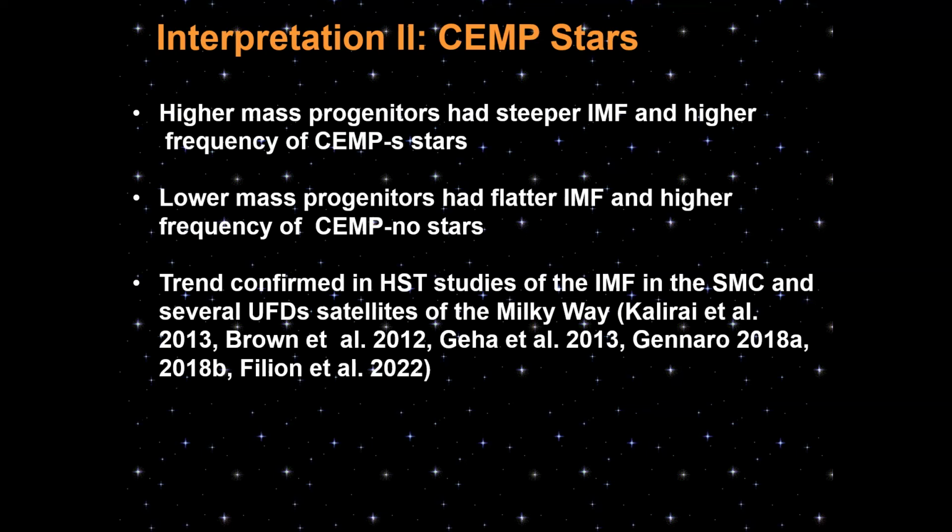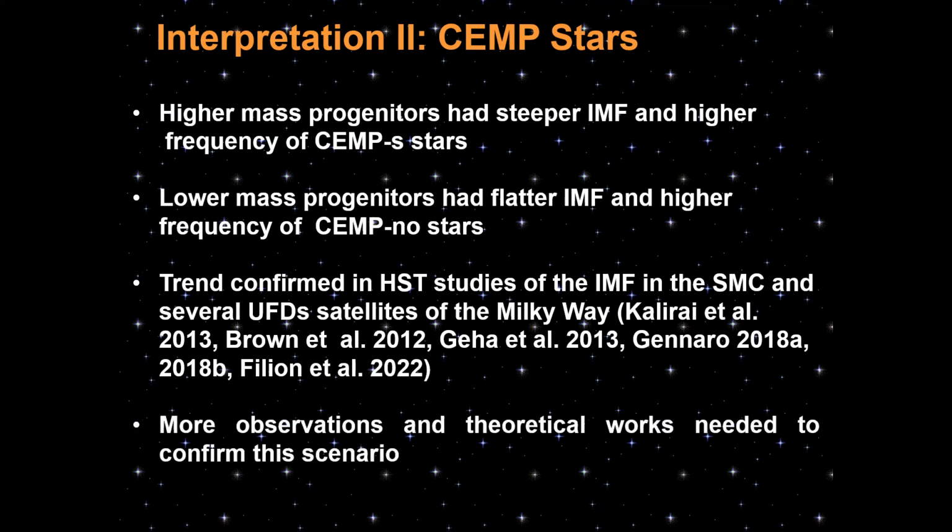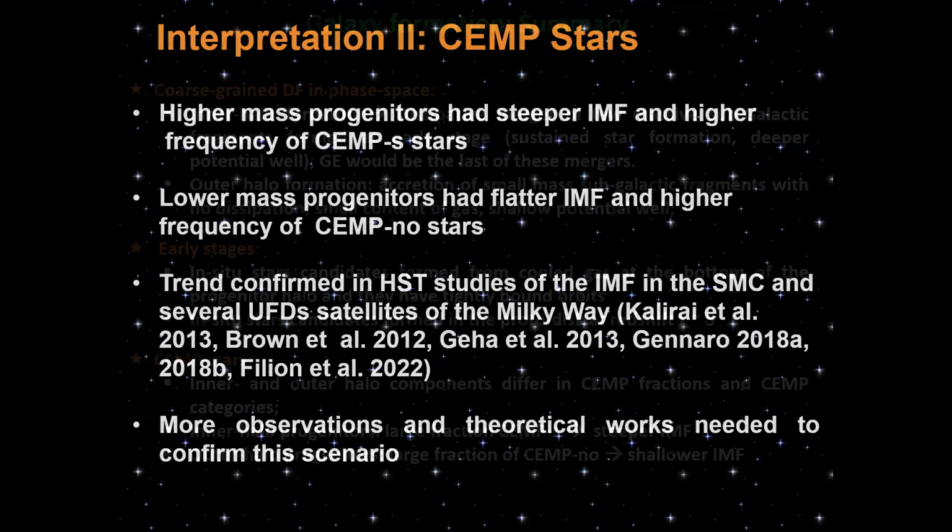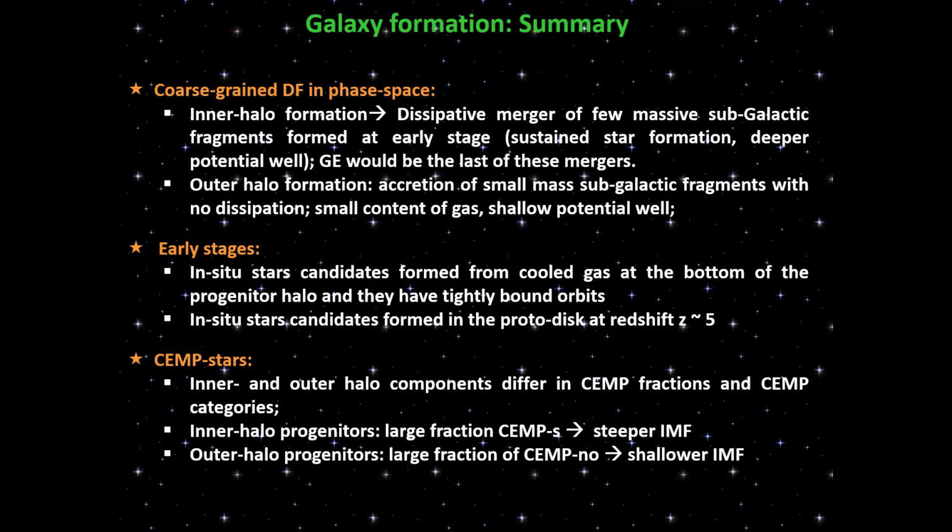This is in agreement with what I just said, but of course more confirmation and theoretical work are needed. I leave you with this summary of the implications for galaxy formation, and I really thank you very much for your attention.